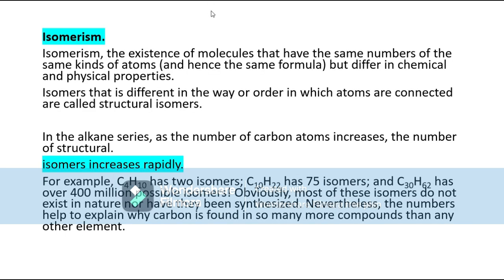So, isomerism. Isomerism is the existence of molecules that have the same number of the same kind of atoms, and hence the same formula, but differ in chemical and physical properties. Isomers that differ in the order in which the atoms are connected are called structural isomers.